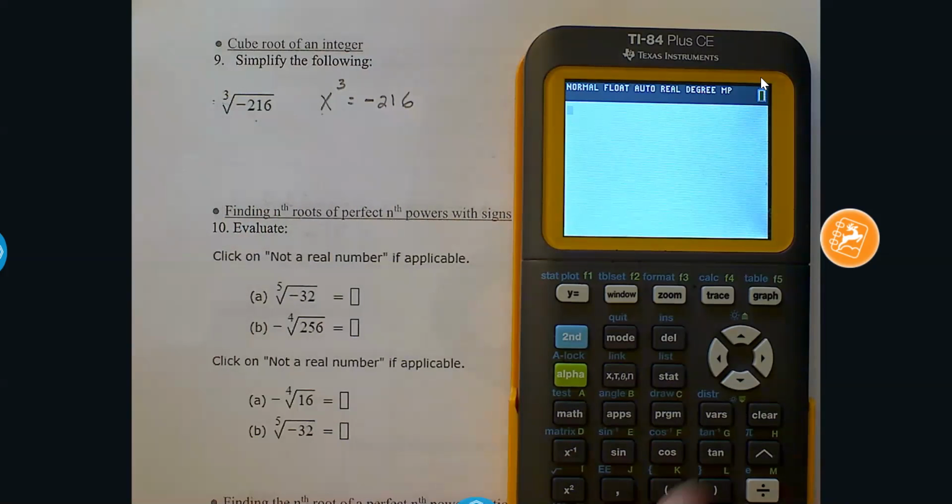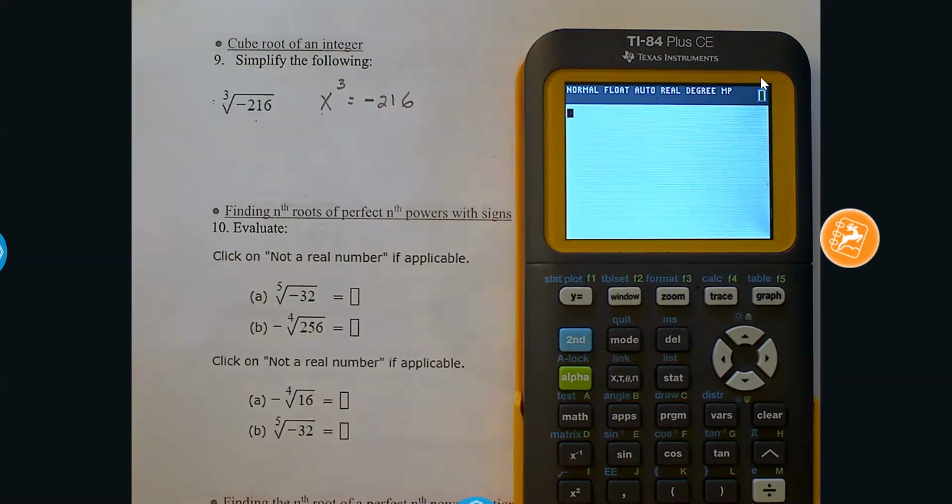If you have a calculator or a calculator app, finding the square root or finding the cube root could be a little confusing to you. So I want to go over those steps. On a graphing calculator like this, it works the same way even in the apps that I posted.